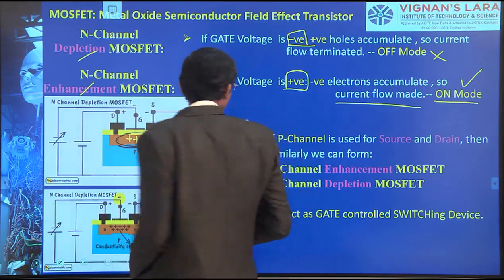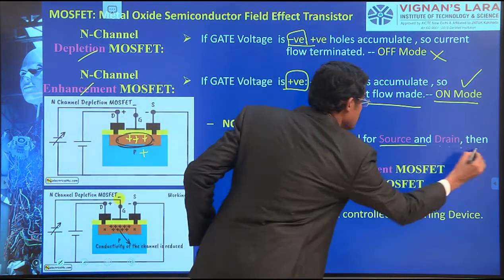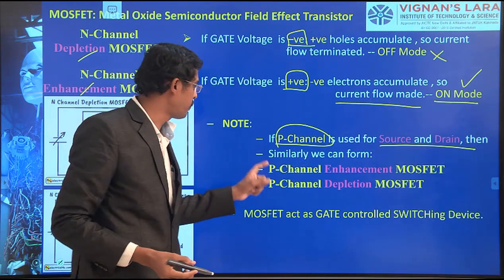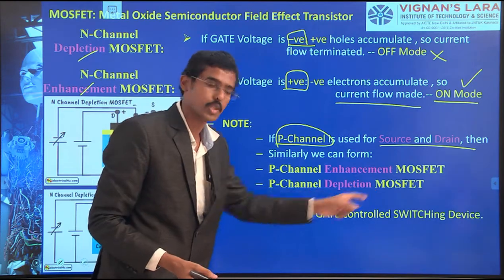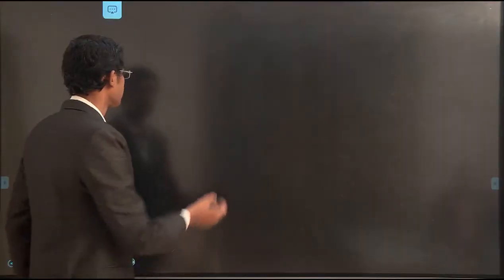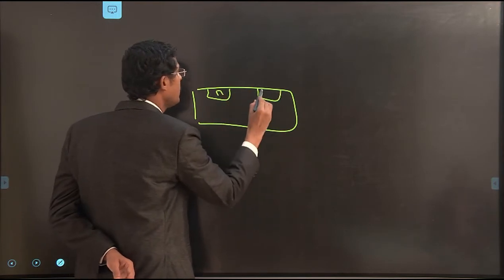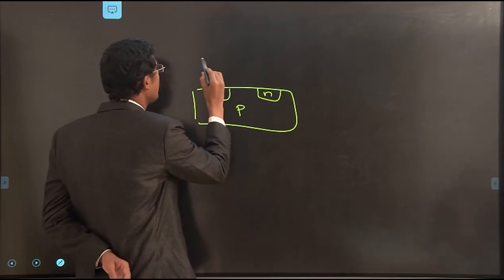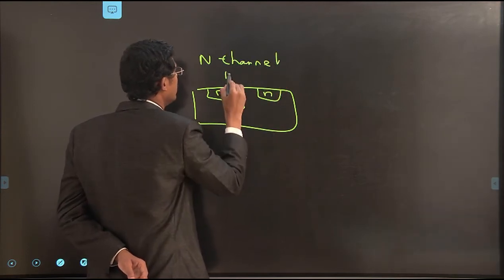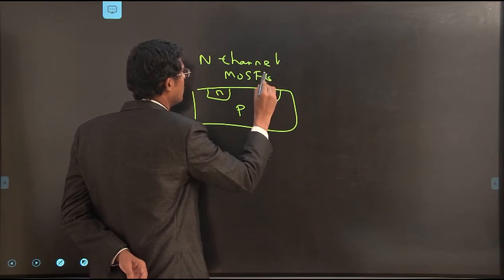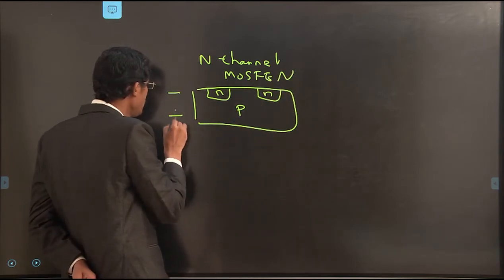Now I am going for P channel. If I put P channel here, it's used as source and drain. Then similarly we can go for P channel enhancement MOSFET, and similarly P channel depletion MOSFET. What I have done here, see, I have created these two ends, the N and the P. This I call N channel MOSFET, maybe an enhancement or maybe a depletion mode.